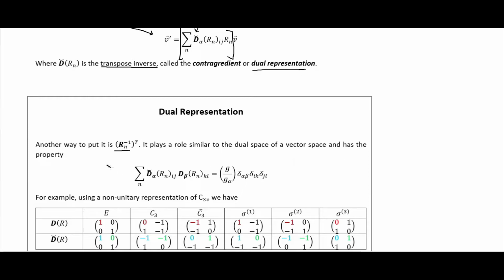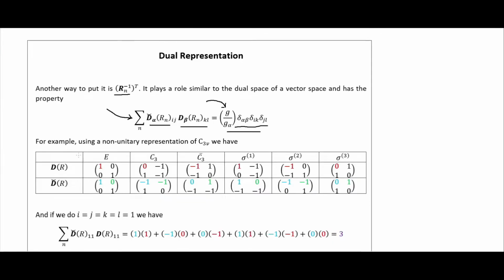It has this property that if we take the product of this contragradient with this representation here, then we get this right here, equal to the order divided by the dimension of the representation, times all these Kronecker deltas.